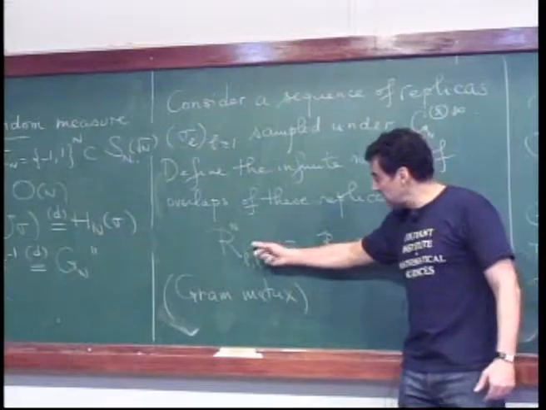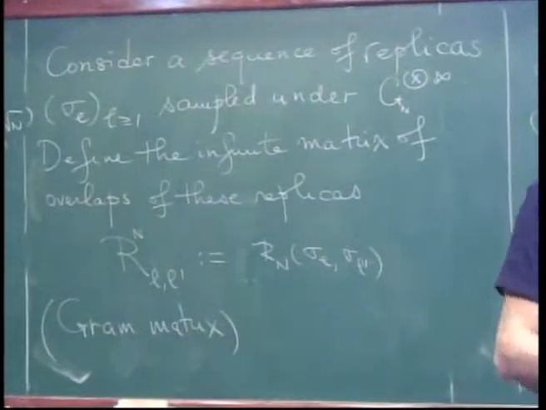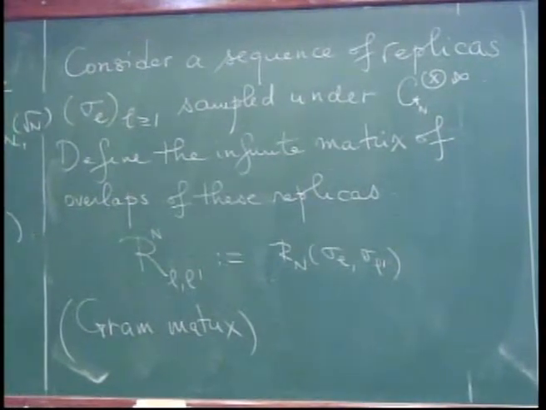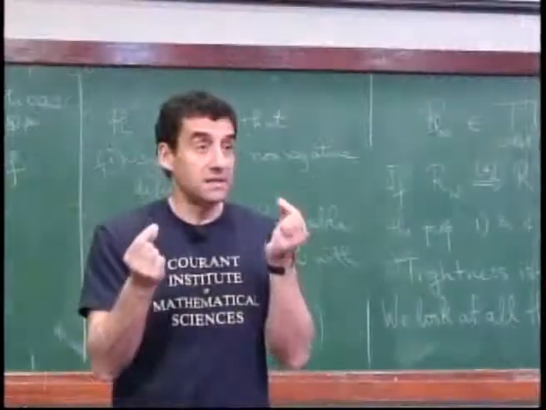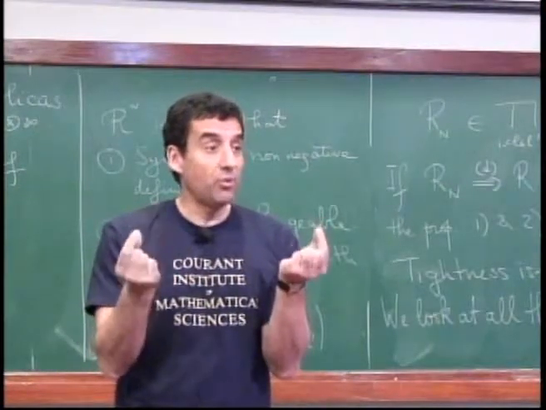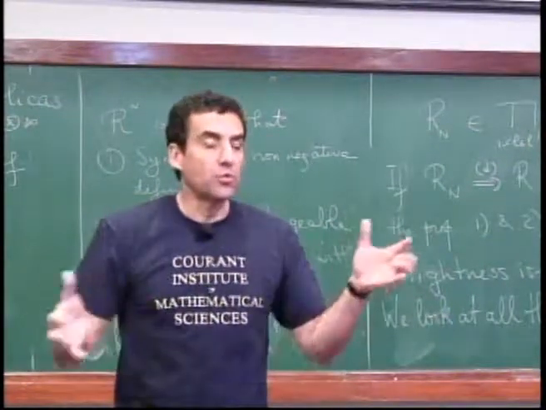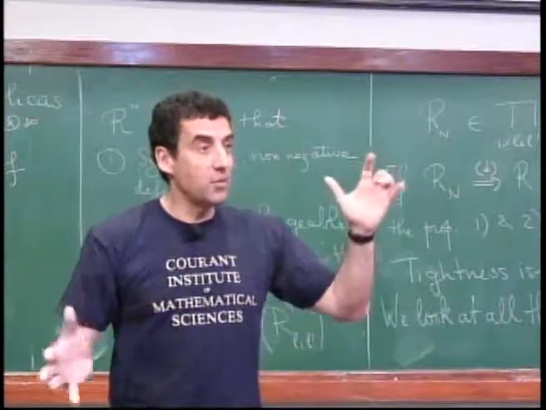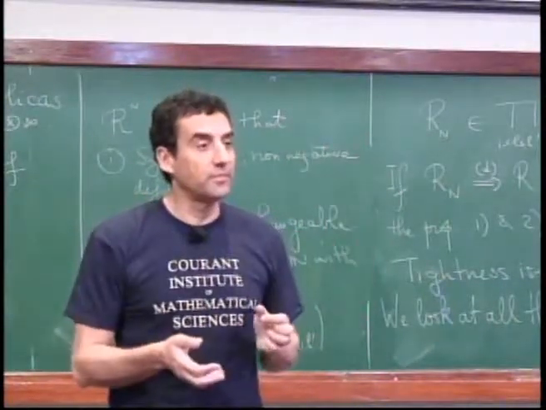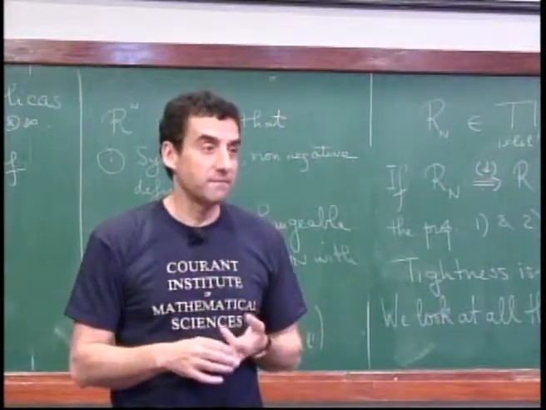So every time that in this matrix, which is a matrix of numbers between -1 and 1, you see a 1, it means that, so of course on the diagonal you have 1s, but every time you see a 1 outside the diagonal, it means that at L and L prime, the 2 replicas were the same. So you group them. As soon as you see a 1, you make one package of them. And you have in fact 2 to the n such things.